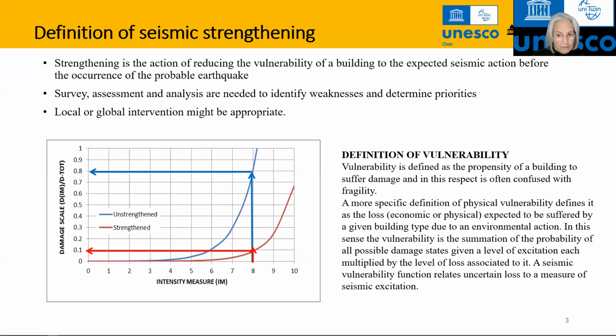A more specific definition of physical vulnerability defines it as the loss, either economical or physical, expected to be suffered by a given building type due to an environmental action. In this sense, the vulnerability is the summation of the probability of all possible damage states, given a level of excitation, each multiplied by the level of loss associated to it.